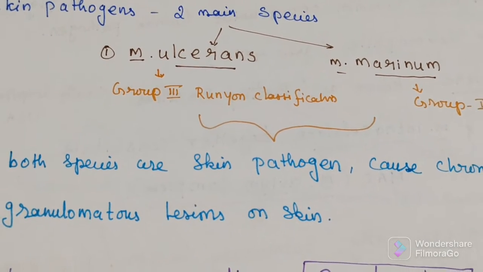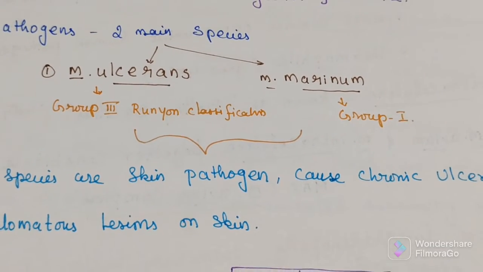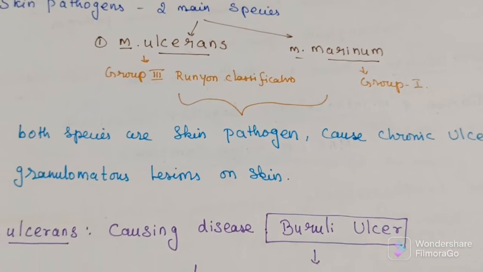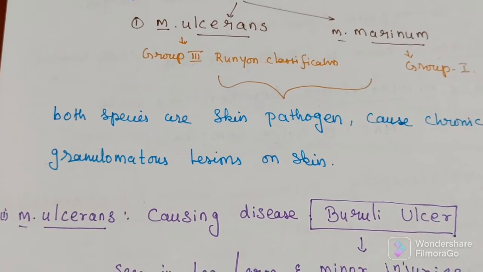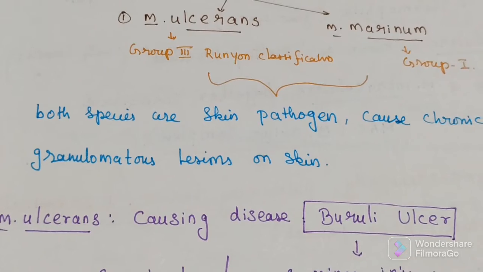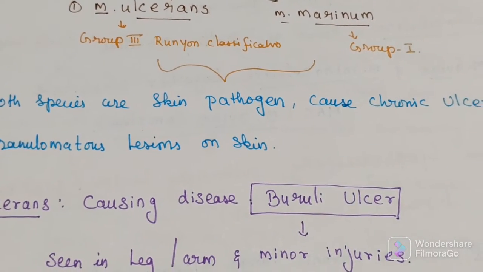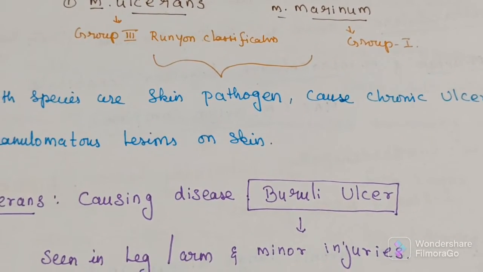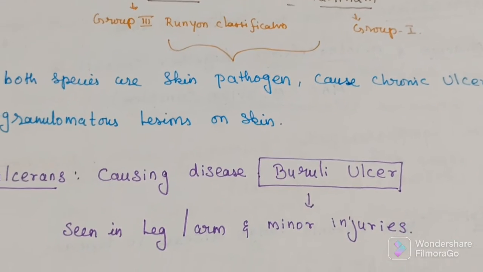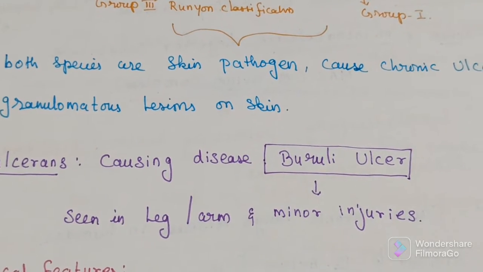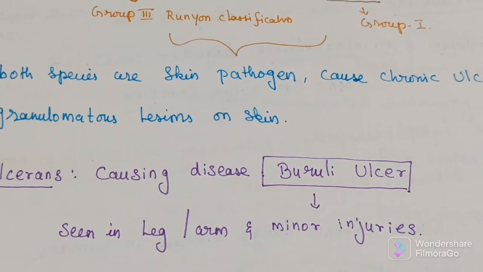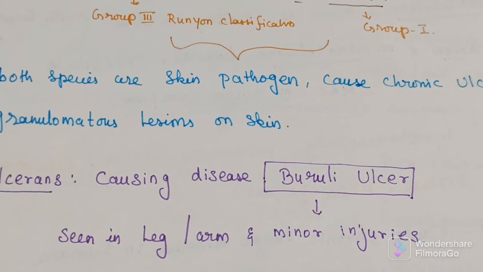They cause chronic ulcers and granulomatous lesions on the skin. First, Mycobacterium ulcerans causes a disease called Buruli ulcer. The ulcers are usually seen on the legs and arms, and follow infection through minor injuries.